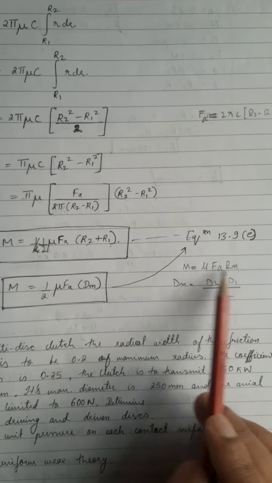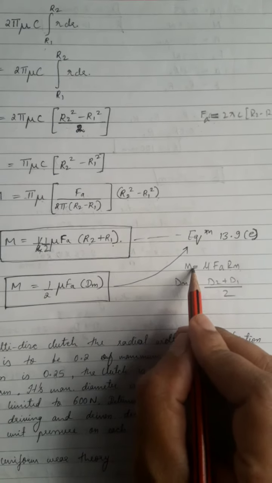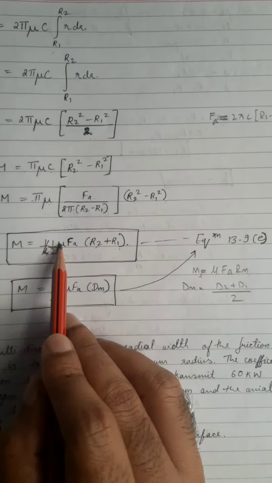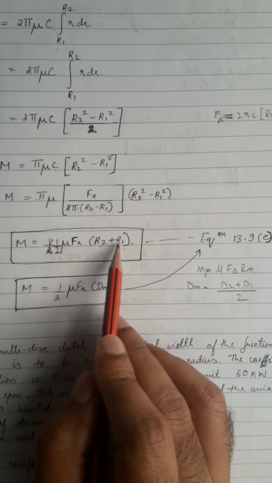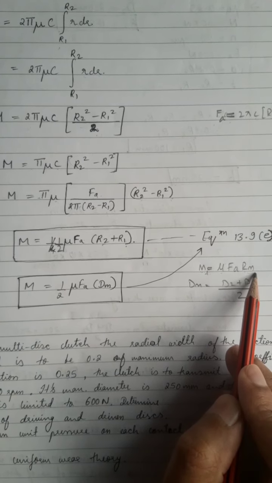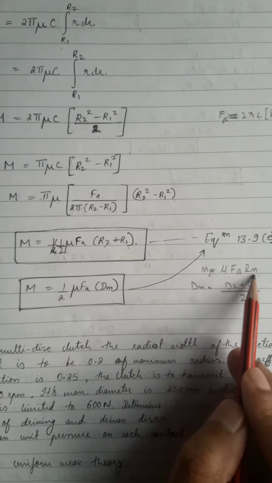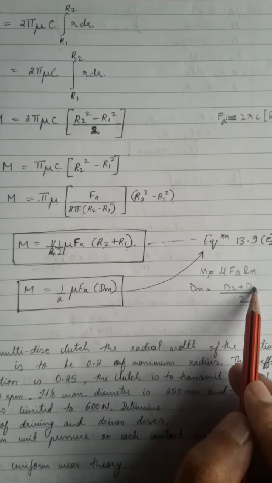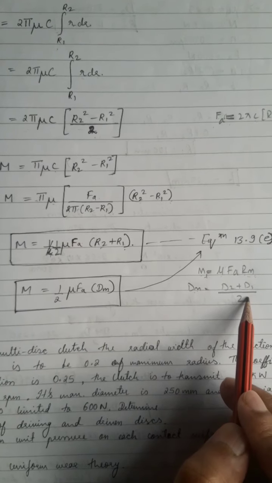So torque Mt is equal to mu into Fa into (r2 plus r1) divided by 2, which is replaced by Rm. Again, for mean diameter, dm is equal to (d2 plus d1) divided by 2.